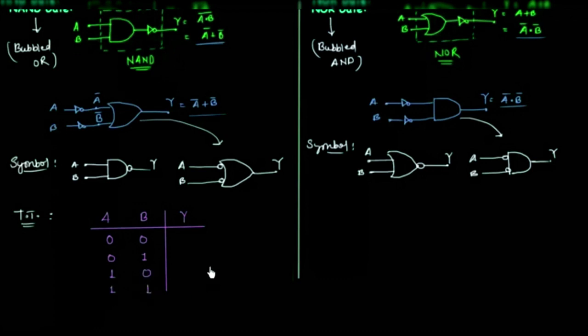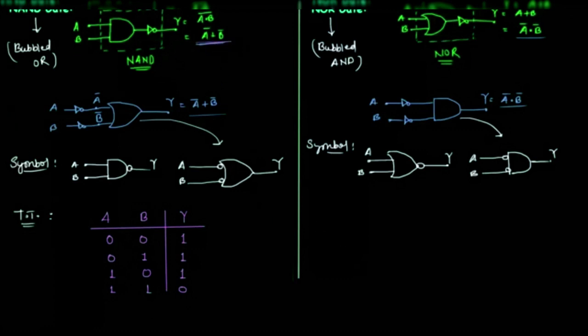So it's very simple. 0 0 will give us 0 in case of AND gate, and complementing 0 will give us 1. 0 1 will give us 0 in AND gate, so again we have 1. 1 0 will give us 0 in AND gate, so we have 1. 1 1 is 1 in AND gate, so here we'll have 0. Or you can simply put the values of a and b in this expression, a complement or b complement.